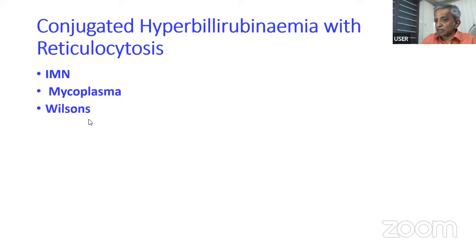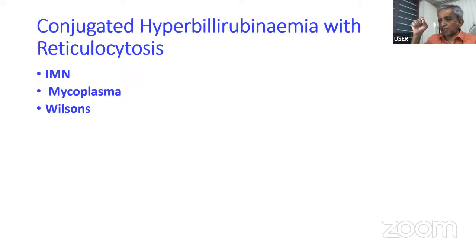Then Wilson disease. Wilson disease should be considered in every case of hemolytic anemia where the cause is not identified. It can present with a hepatitis-like picture, conjugated hyperbilirubinemia, and later neurological disorders like parkinsonism, choreoathetosis or cerebellar signs, many of them. But Wilson disease is also a cause for hemolytic anemia.